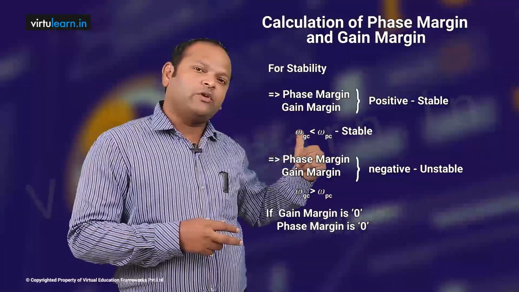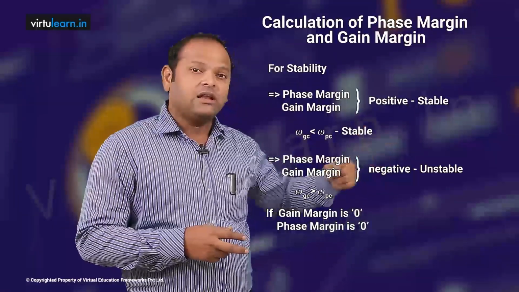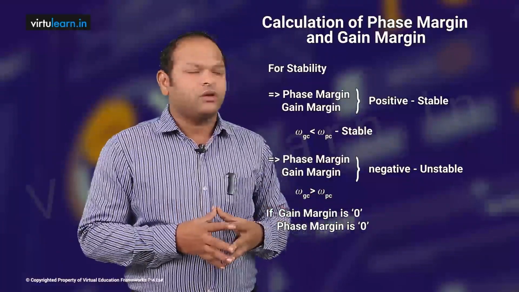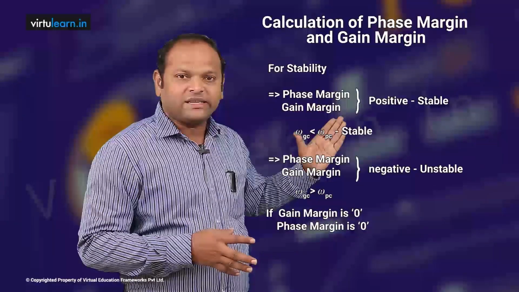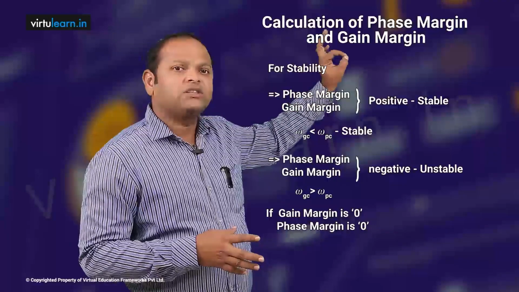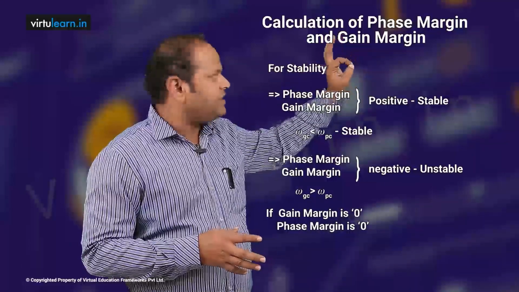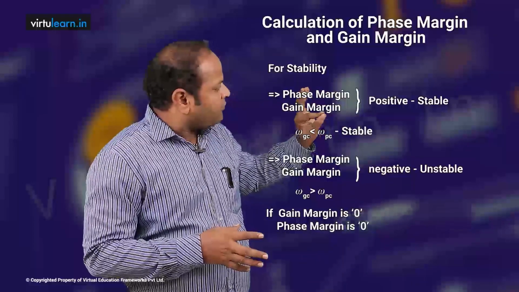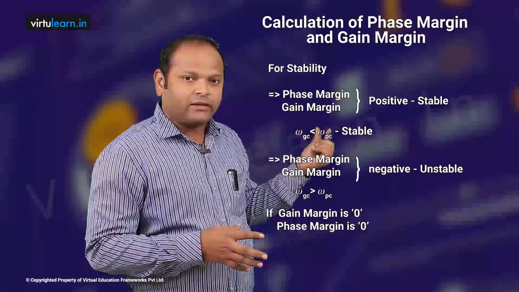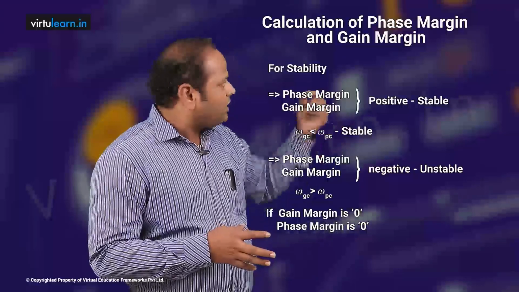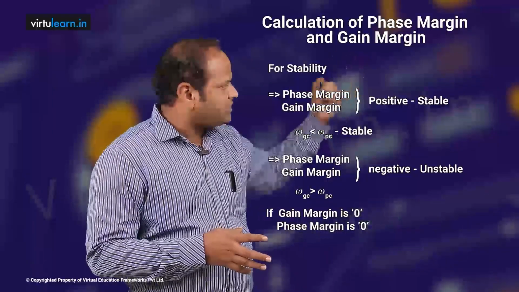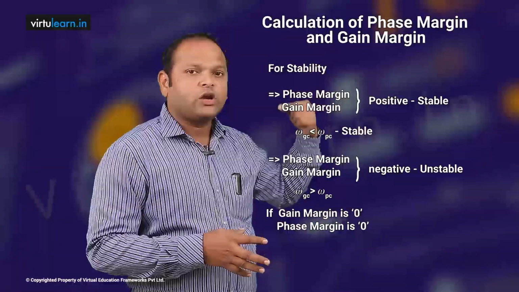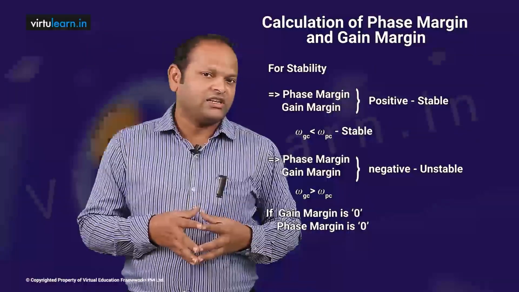So we know stable, we know unstable. Then the other one is marginally stable. What do we mean by marginally stable? If the gain margin is 0 and the phase margin is 0, with phi GC equal to minus 180 degrees, then we call the system a marginally stable system.